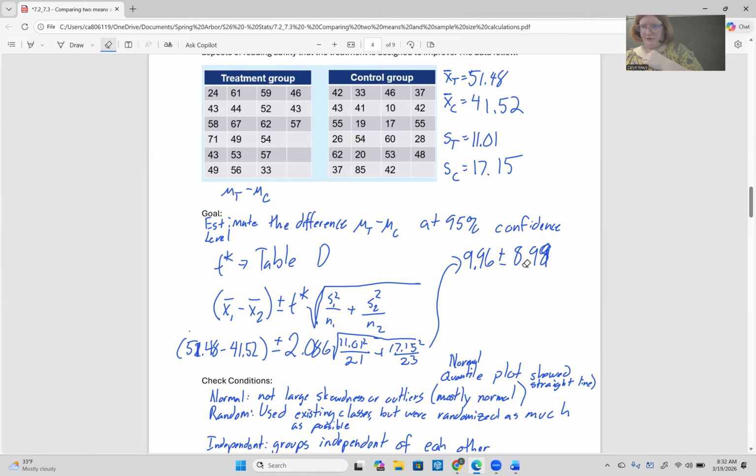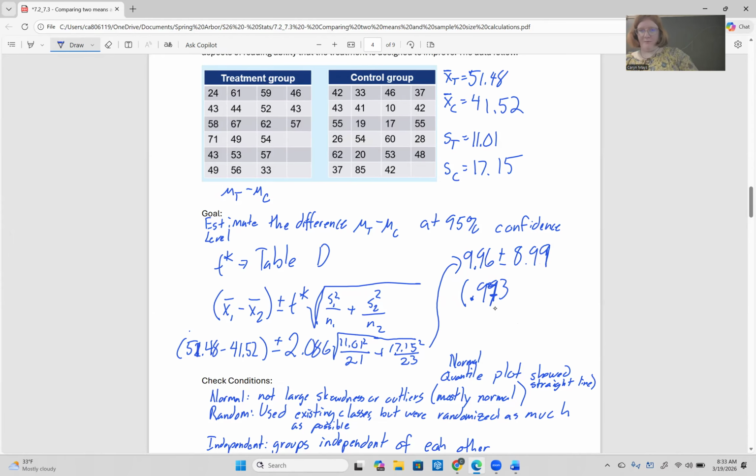Because I'm still questioning the math here. 9.96 minus 8.99 is what? 0.973.